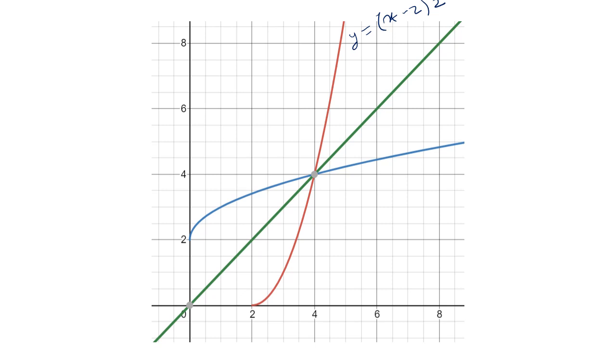In blue we have f inverse, which is the graph y equals square root of x plus 2. And I've shown in green the first diagonal, which is y equals x, and we can see that the two graphs of f and f inverse are symmetric with respect to the first diagonal.